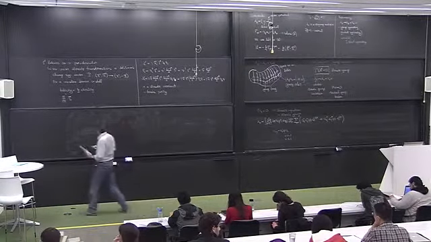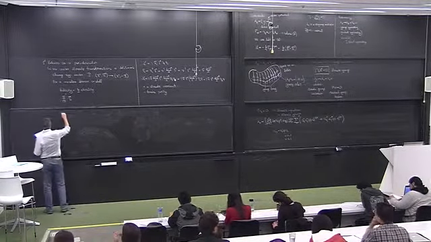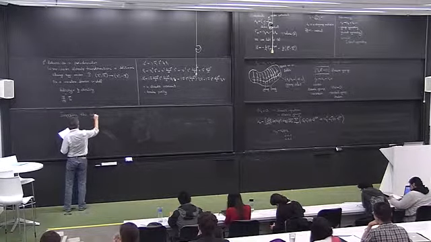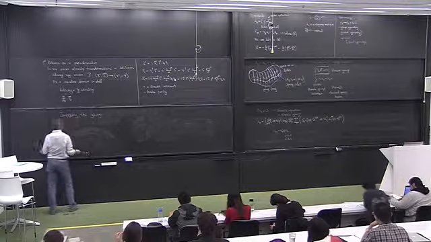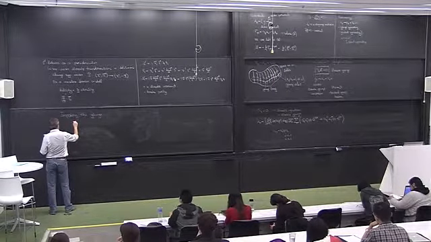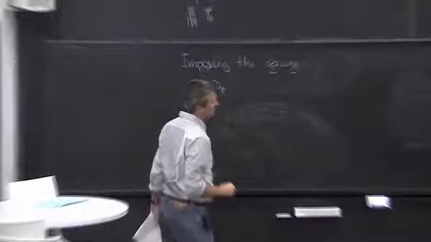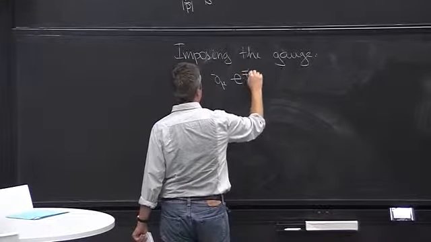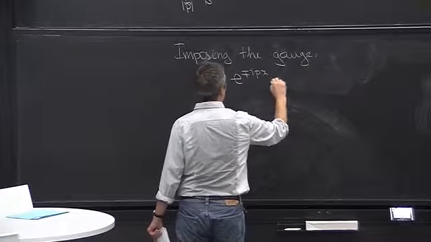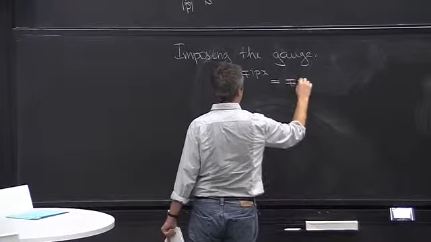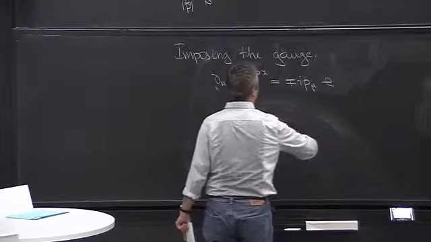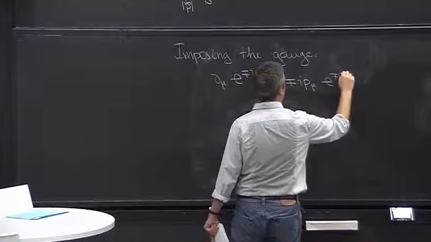Okay, so we need to impose gauge. And then you see that d mu, when acting on e to the minus plus ipx, gives minus plus ip mu times e to the minus plus ipx.